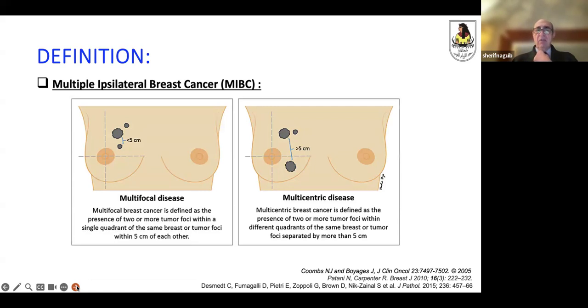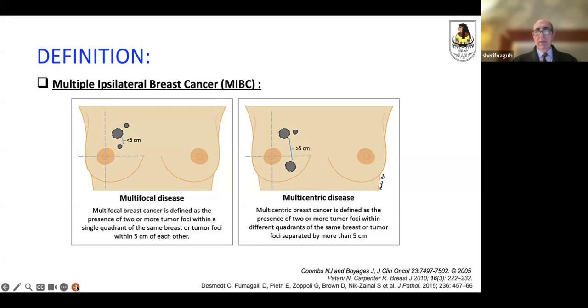Multifocal disease is two or more breast tumors found in the same quadrant, and the distance between them shouldn't exceed 2 centimeters. In some studies, they went up to 4 or even 5 centimeters, and they would still call them multifocal.